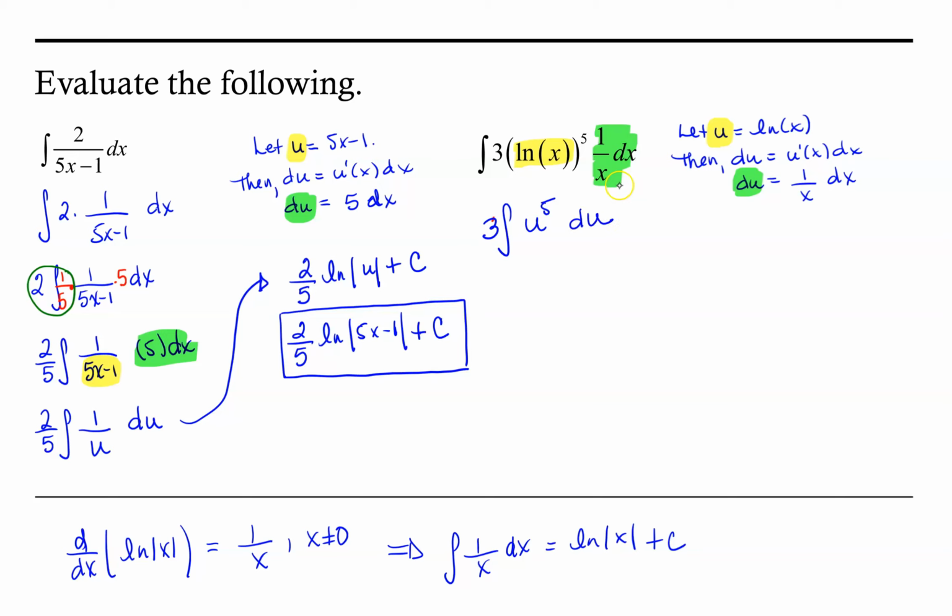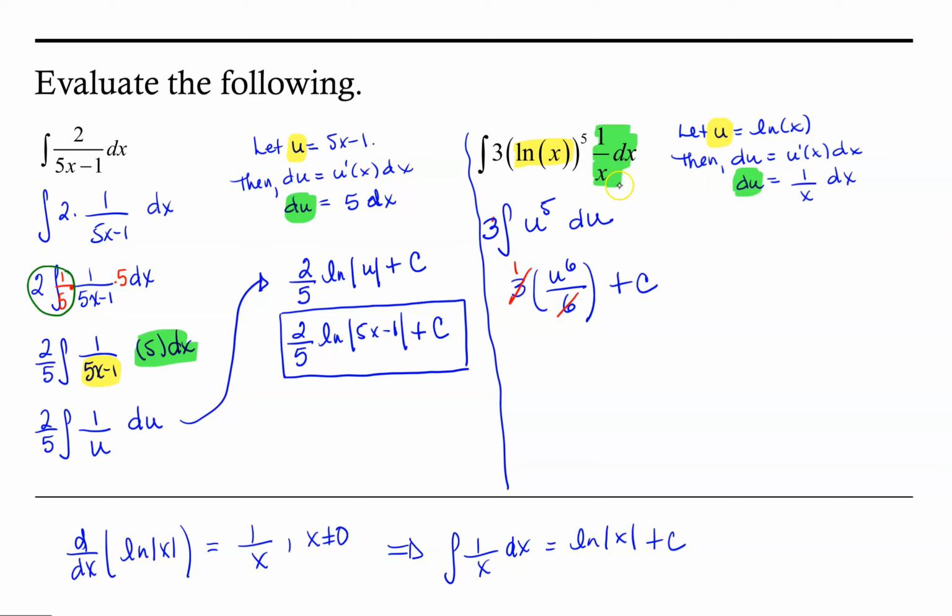Now I can go ahead and integrate this. I'll get 3 times, adding 1 to my exponent for u, u to the 6th power, then divide by that exponent, 6, plus c.